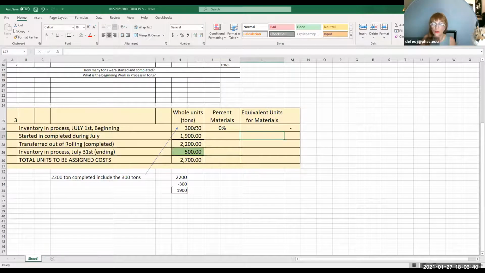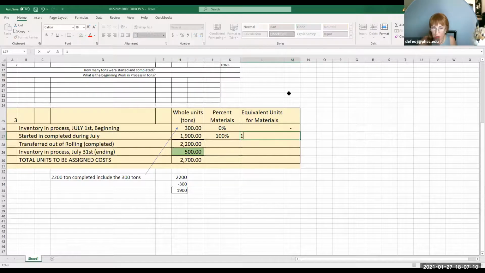Once you get these two numbers in, this is just multiplying this times this. Then what do they tell us? They started and completed in July 1,900 units, but they have to add the materials. So here they have to add 100% materials. So what is this number going to be? 1,900.